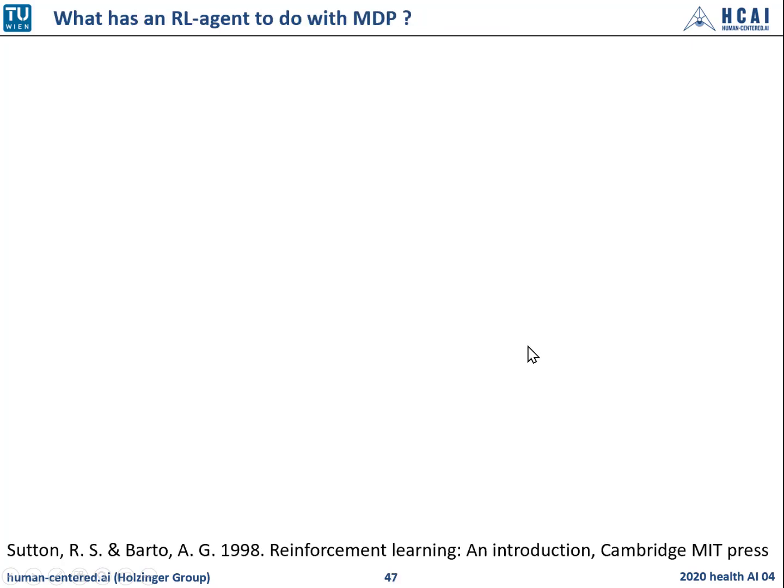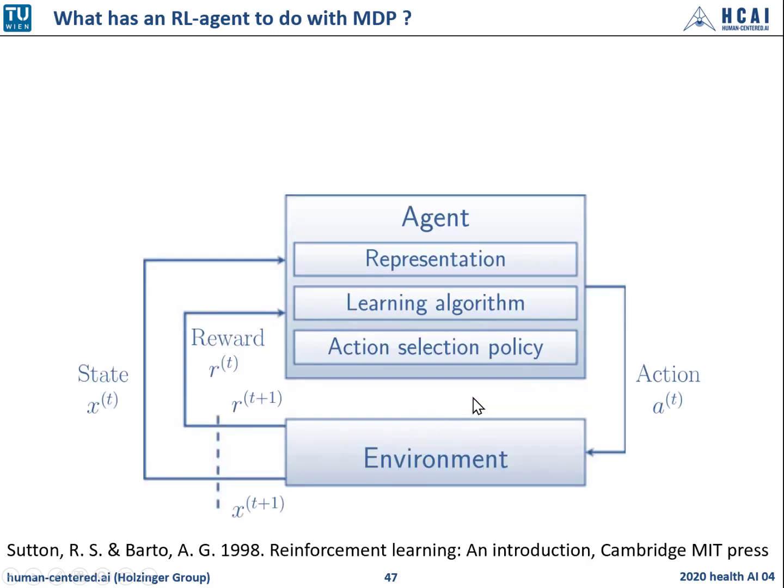Okay, what has a reinforcement learning agent to do now with Markov decision processes? Reinforcement learning problems involve an agent interacting with an environment. Okay, so far so clear. The agent must learn about the environment. So we see it here. We have the agent. But the agent must also discover how to act optimally in this environment.